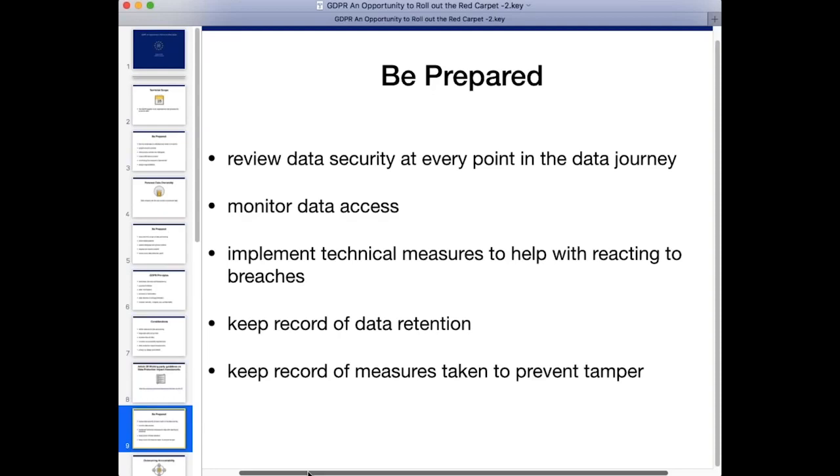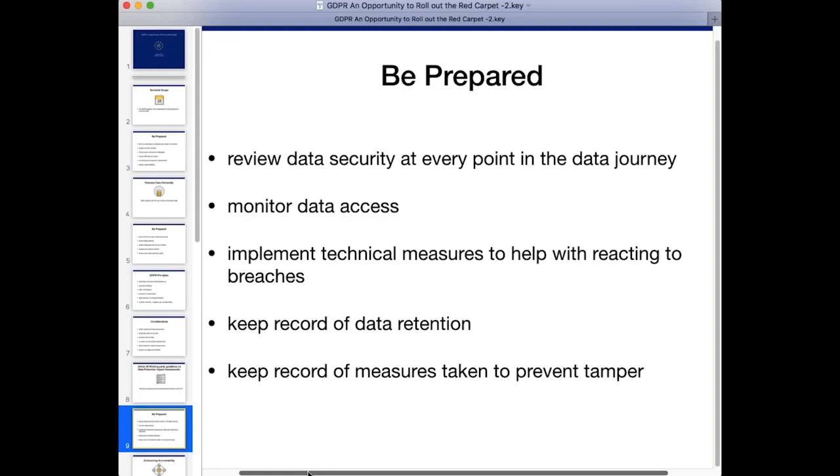We should also start monitoring who we give access to personal data to. Who is accessing it and who are we sharing it with? Technical security measures should include continuous monitoring of files, folders, and data repositories wherever personal data is stored. We want to be able to react to any unauthorized access and data breaches.